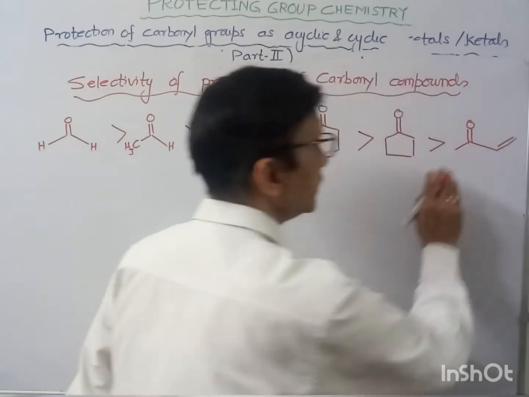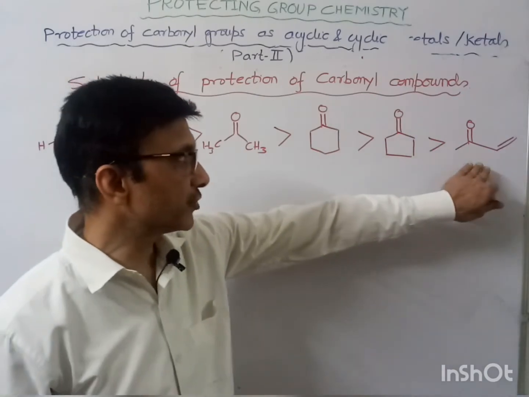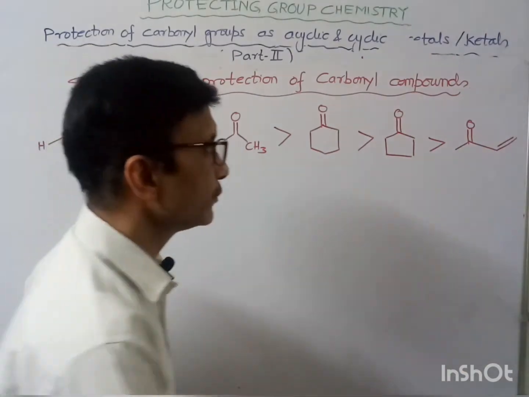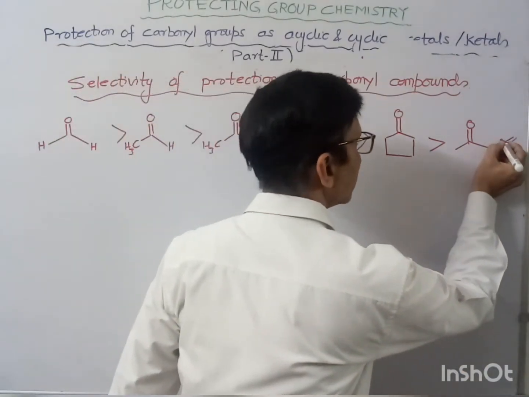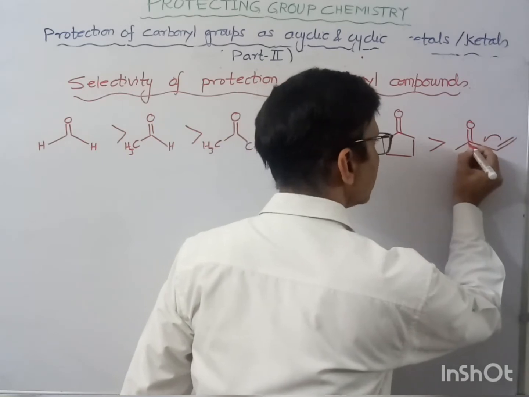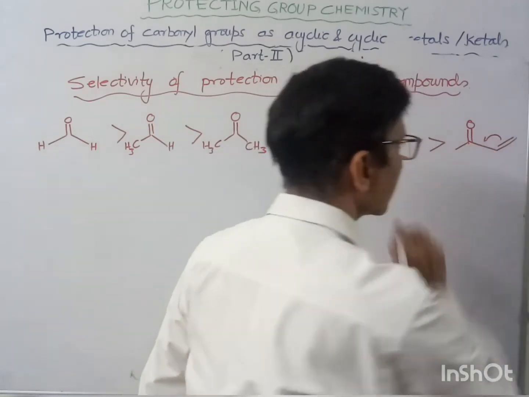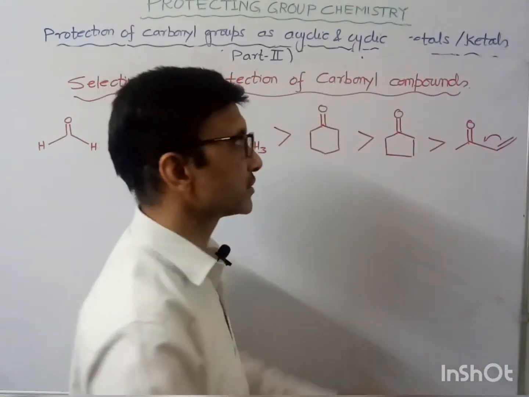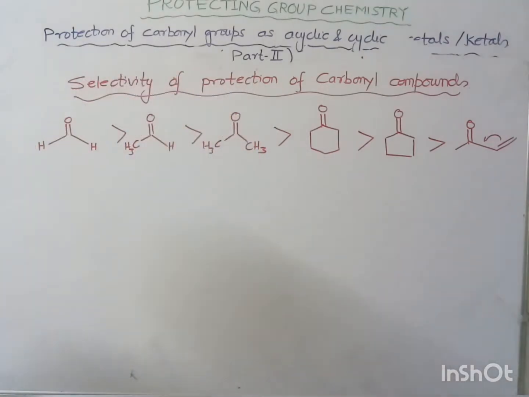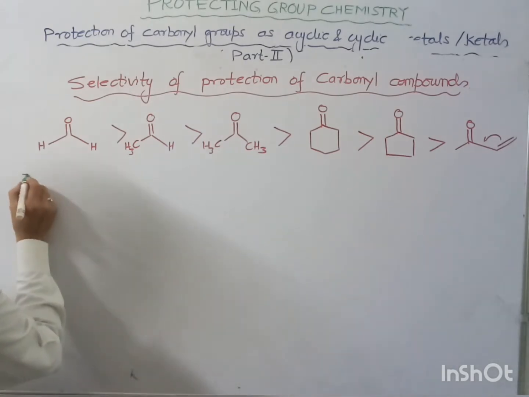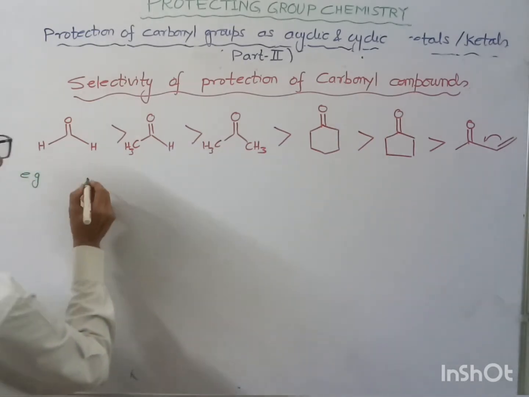This is the least reactive. Alpha-beta unsaturated carbonyl is the least reactive due to resonance; this becomes the least electrophilic center due to this resonance. Okay. Now, let's take a different example. Let's take some example.